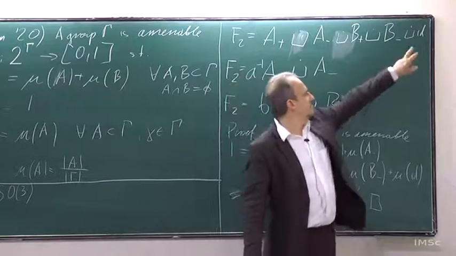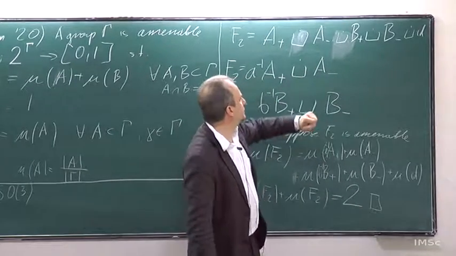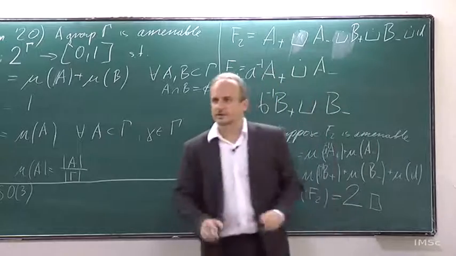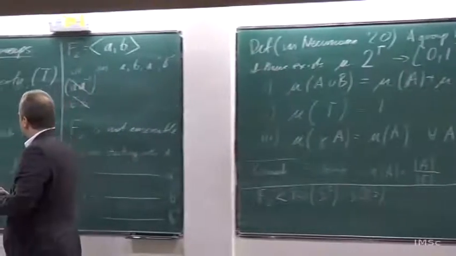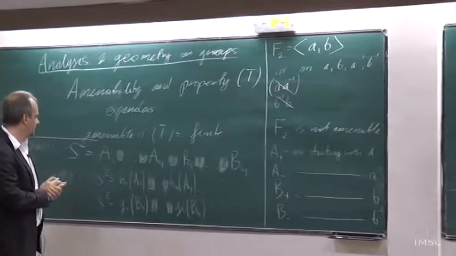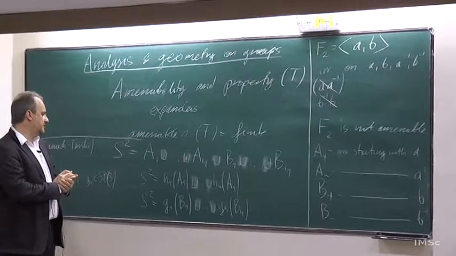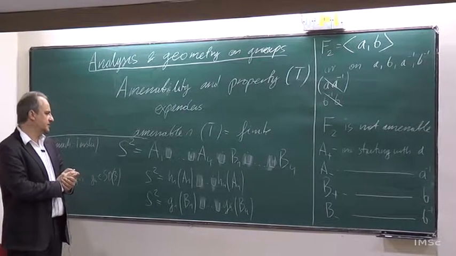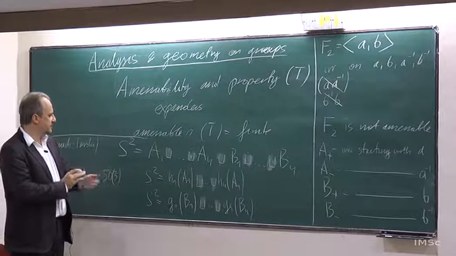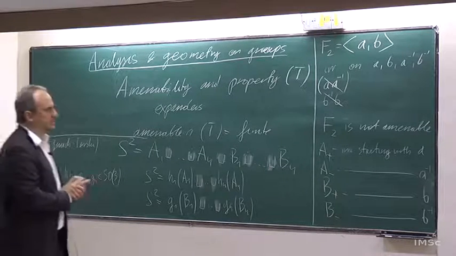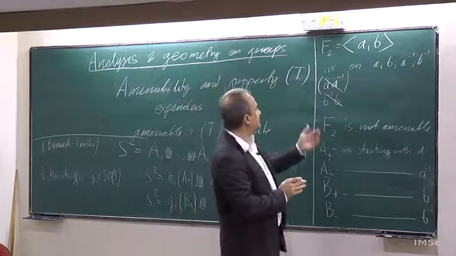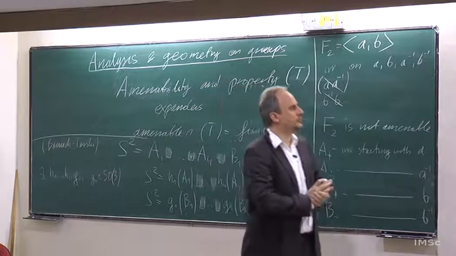There is a way to modify it to have not 5 but only 4 pieces, and then it's easy to see how one can deal with this set of fixed points, which is just countable. Okay, great. So that's an example, F2, of a group which is non-amenable.